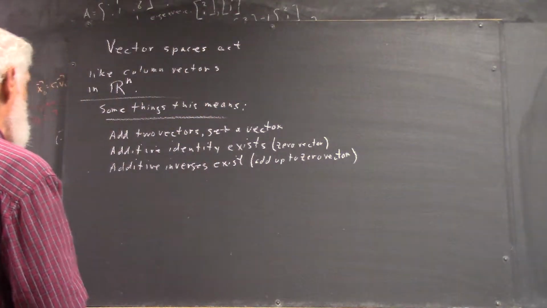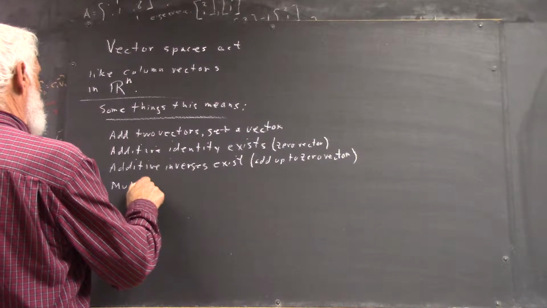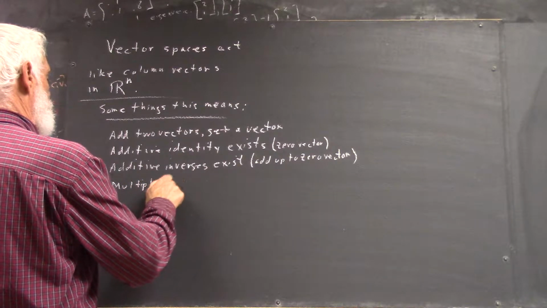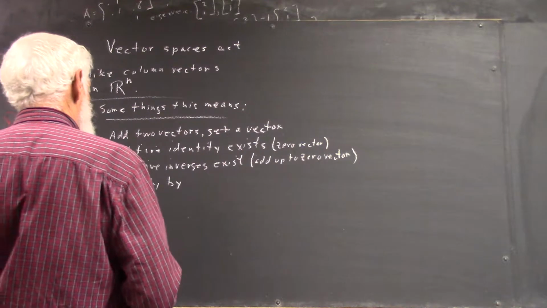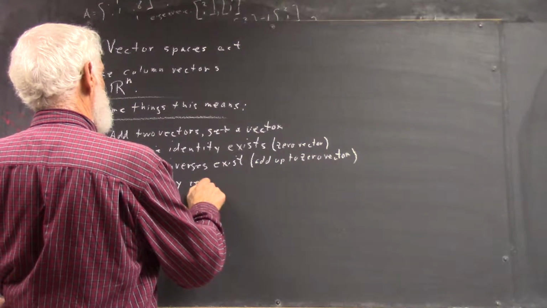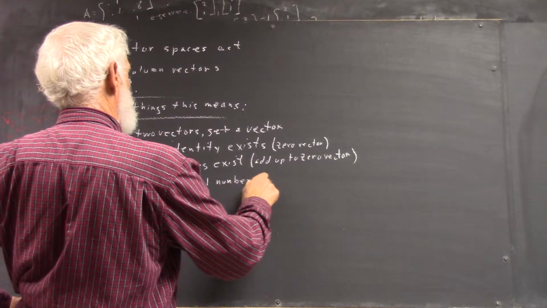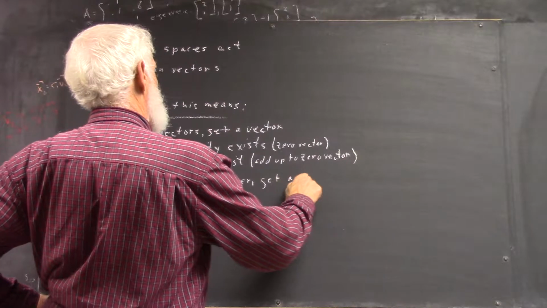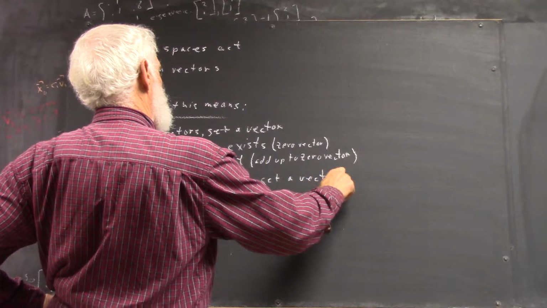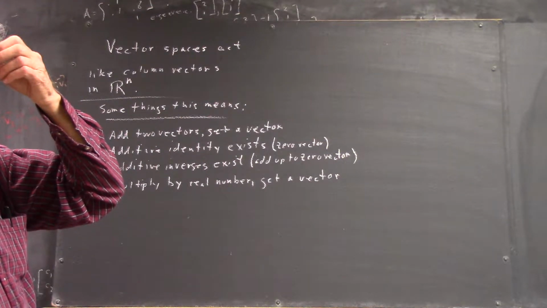So multiply, if you multiply by a real number, you get a vector, okay?